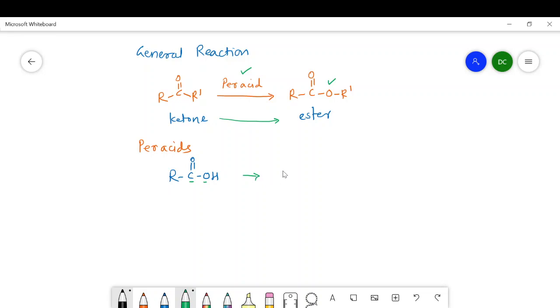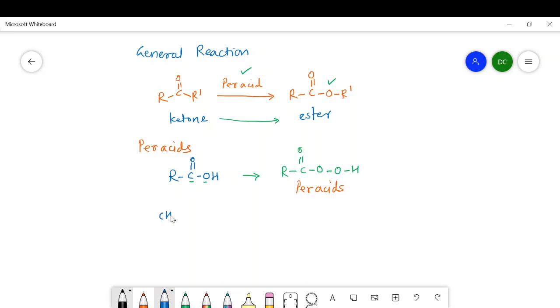So the per acid of this carboxylic acid, I can write RCO, O single bond O, and there is an H. So there is an insertion of one oxygen at this position, giving a per acid. This is the general formula of per acid. This R may be an alkyl group or aryl group. So we can write a number of structures of per acids.